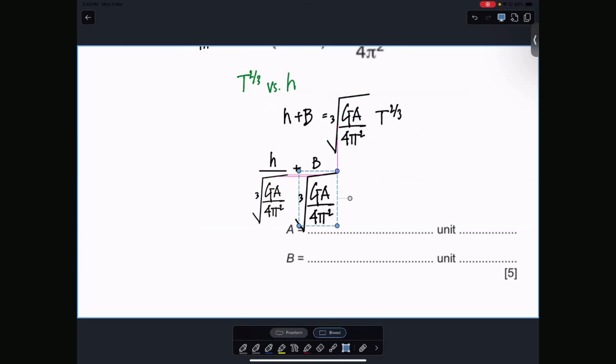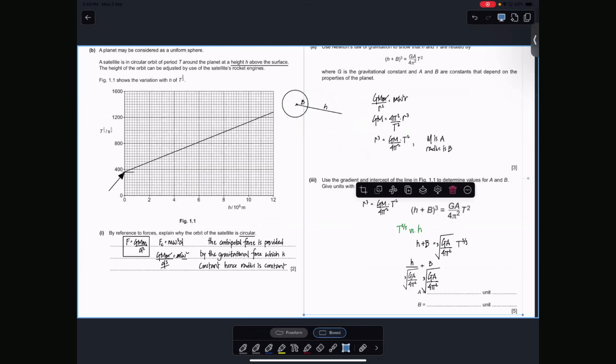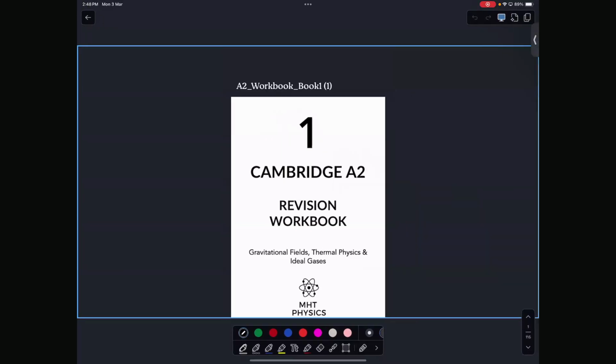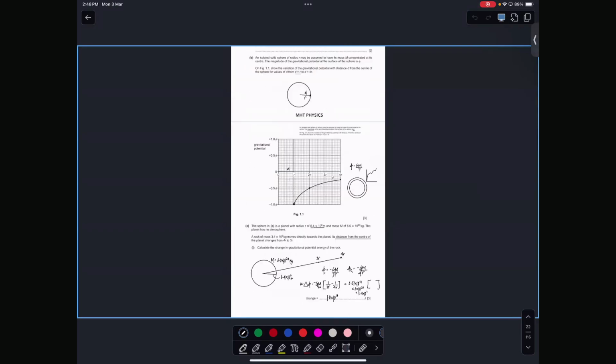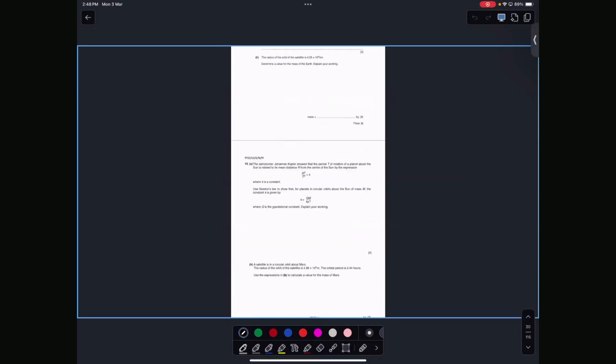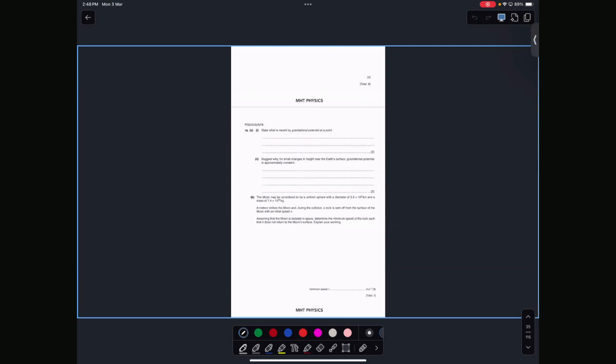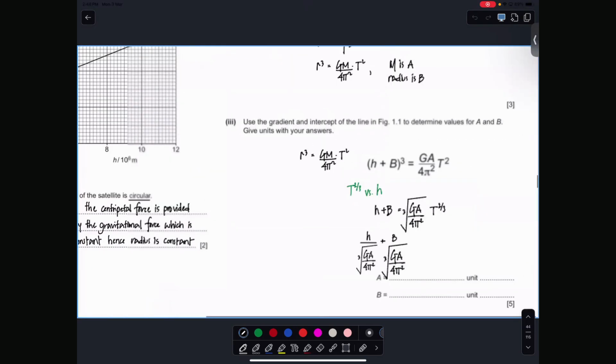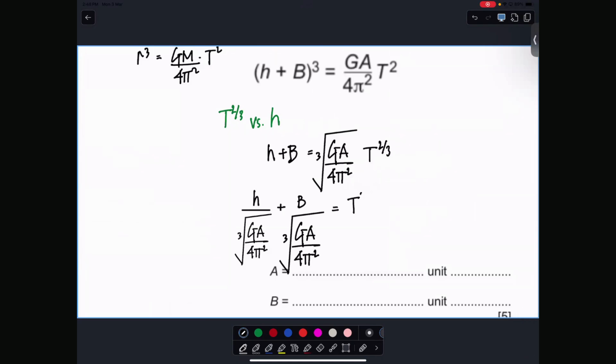Your y-intercept. There's a reason why it's 3 marks, because it is equal to 5 marks, right? They have twisted the equation around a lot. Not difficult, it's just tedious. So it equals T to the power 2/3.